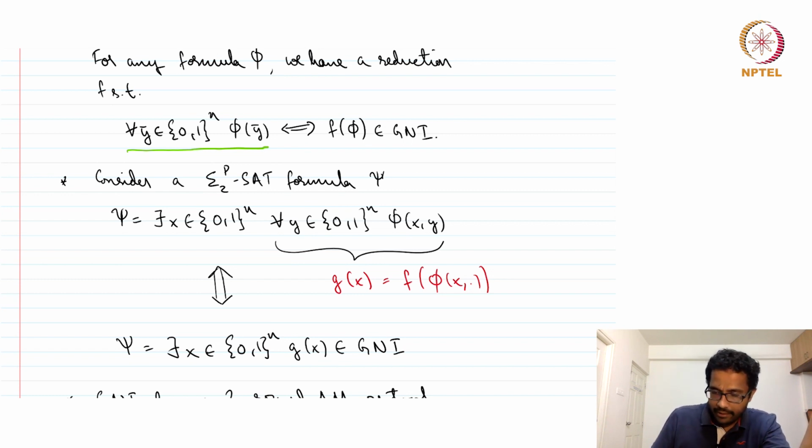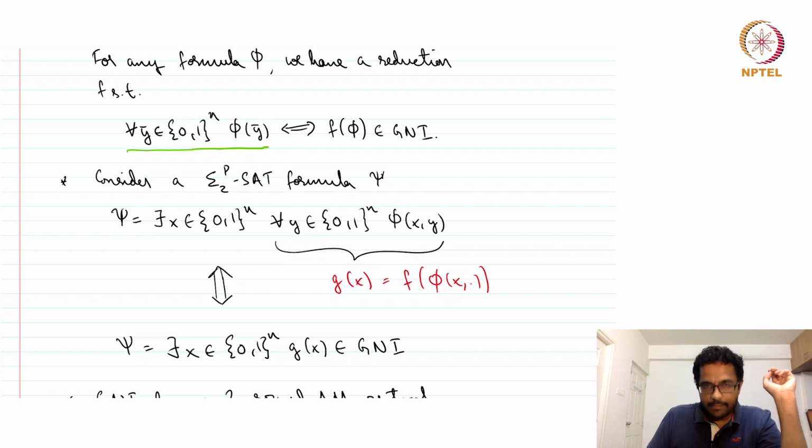So now I can compute the reduction for this instance. Assume we fix x. Let us say we get f of phi x with the variable y, and let's call it gx. Which means this will be a graph that depends only on the string x, because this formula phi depends on x, right?